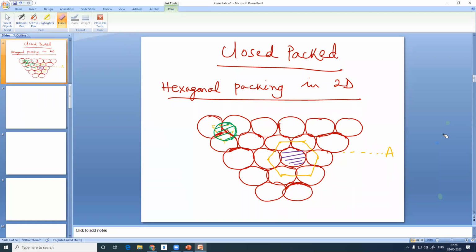One is AB, AB, AB. I will tell you how you can generate that, where every third layer will be corresponding to the first layer. I'll tell you how you achieve that, on pen and paper by drawing, and then I will show you the animation picture, the solid state picture, so that you can visualize more.